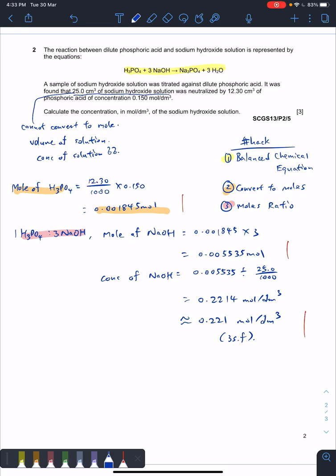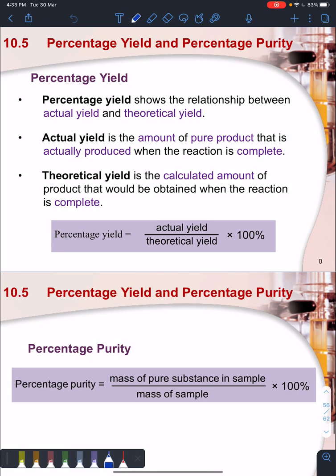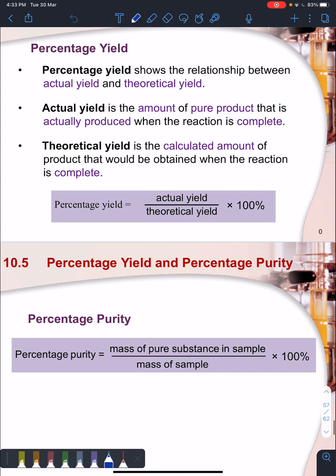So going back to the new content, your percentage yield and percentage purity. So this is percentage yield. Yield refers to product, whereas purity refers to reactant. So product means all this is in terms of mass.